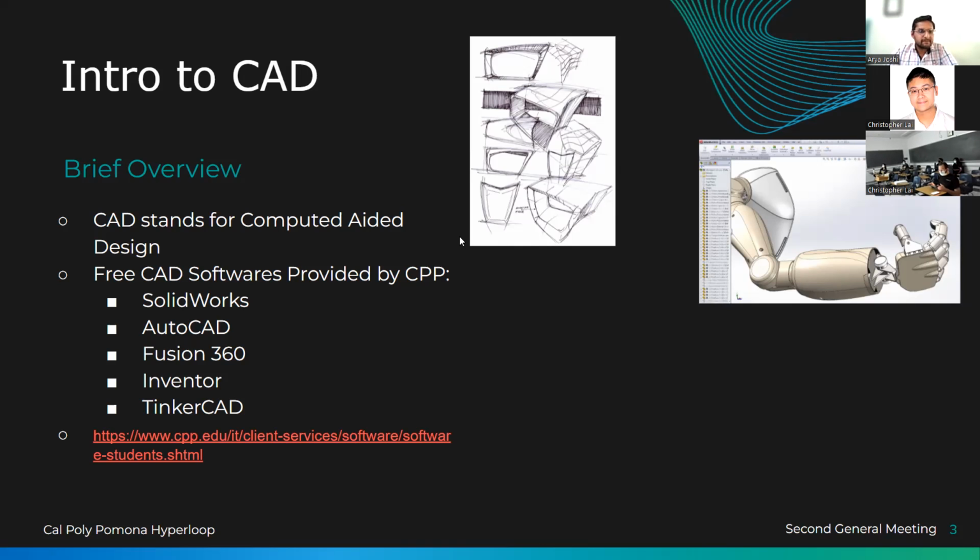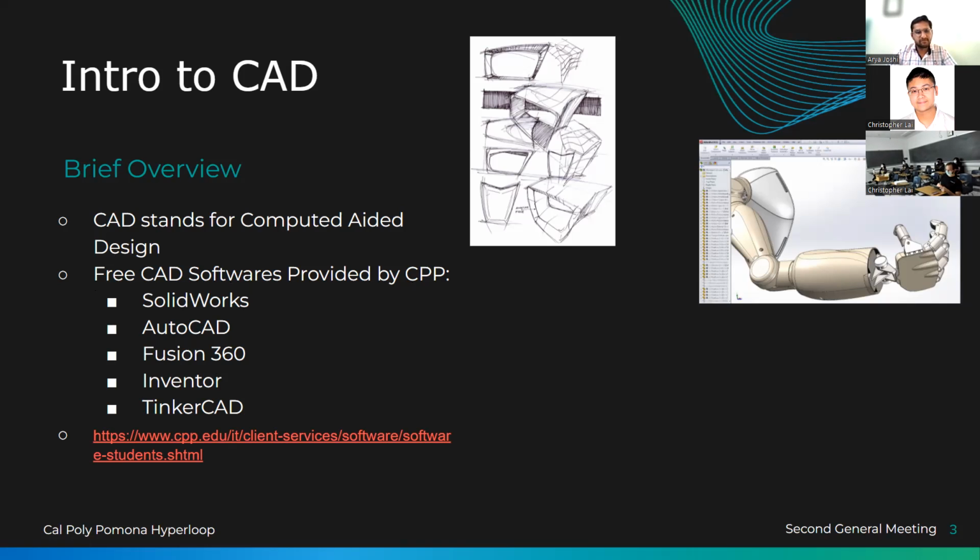So there are free CAD softwares provided by Cal Poly Pomona, no cost to you. And you should make use of these tools, especially right now, since they're free. When you go into industry and when you leave college, a lot of these programs are going to cost a lot of money. Like SolidWorks, I think costs a couple hundred dollars per year just to use.